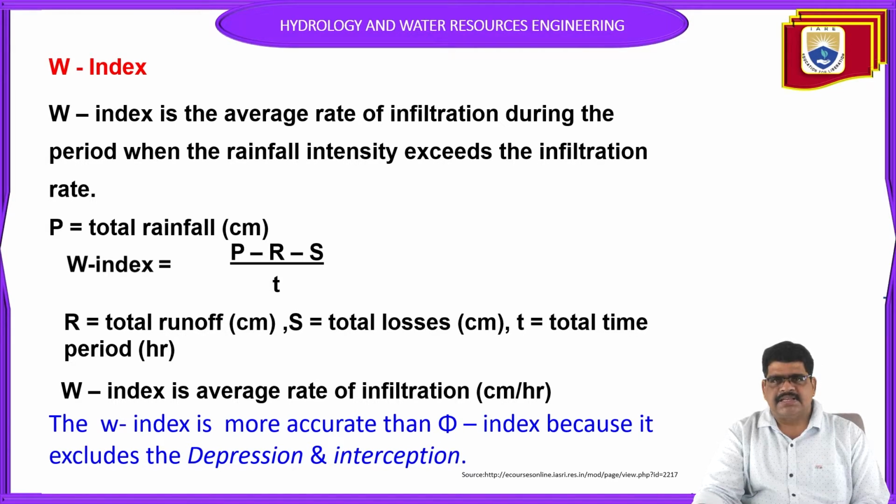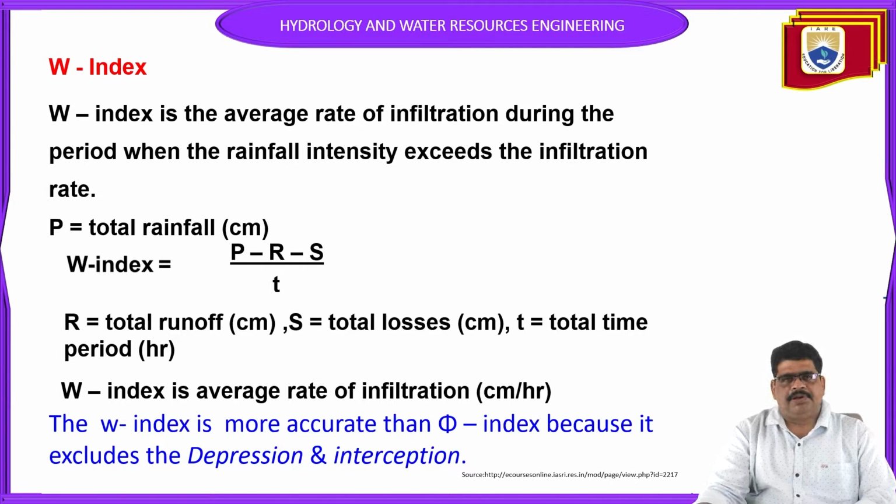(P minus R minus S) by T. Let us see the notations of this formula. R is the total runoff in centimeters, S is the total losses in centimeters, and T is the total time period for calculating the W index. So that is the W index value. The W index is the average rate of infiltration in centimeters per hour.